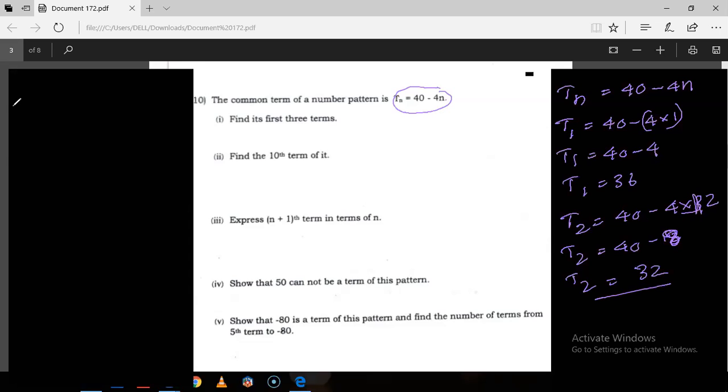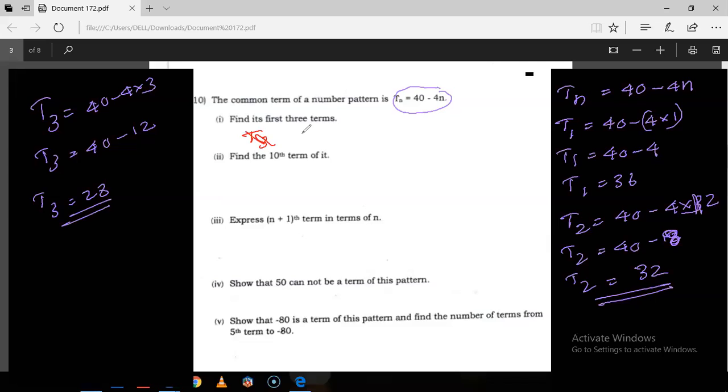T3 equals 40 minus 4 into 3. T3 equals 40 minus 12, that is 28. Now we have the first three terms: T1 is 36, T2 is 32, T3 is 28.